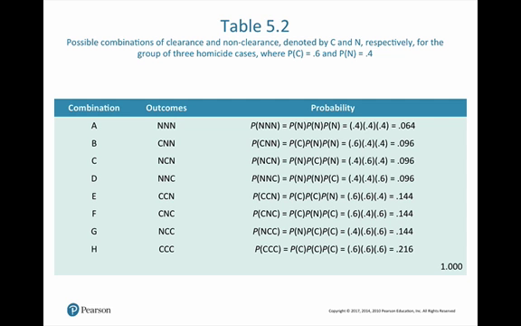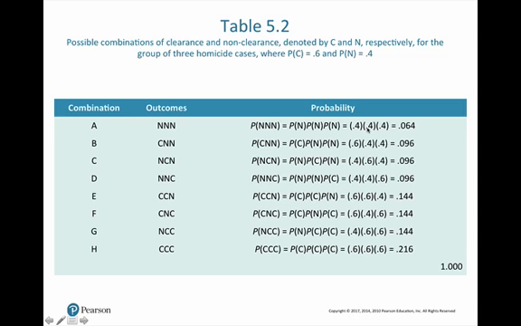So in any 3 homicide cases, I might have 3 non-clearances. I might have the first cleared and the second 2 not cleared. I might have the first not cleared, the second cleared, and the third not cleared. All of these are defined by this same multiplicative rule. So if I have non-clearance, non-clearance, non-clearance, it's the probability that it's going to be non-cleared 3 times.